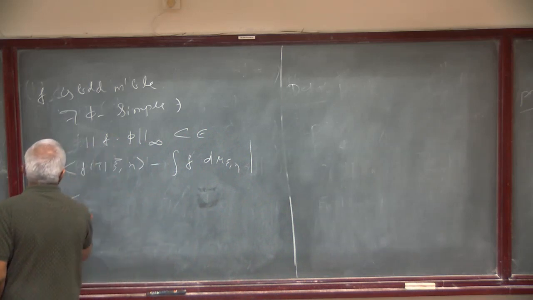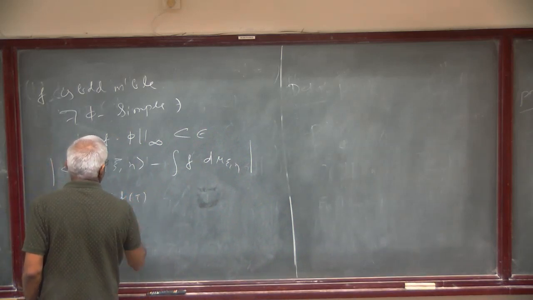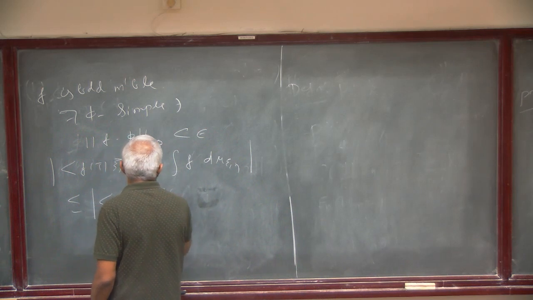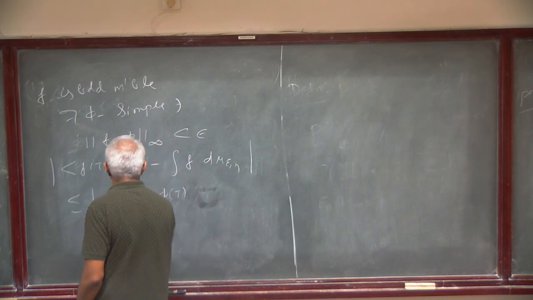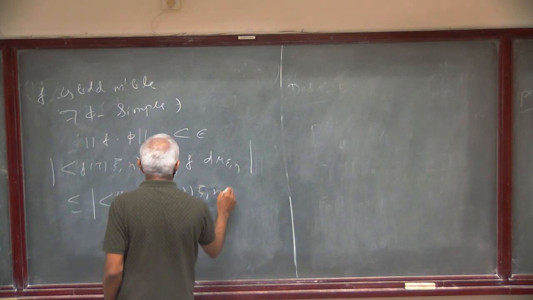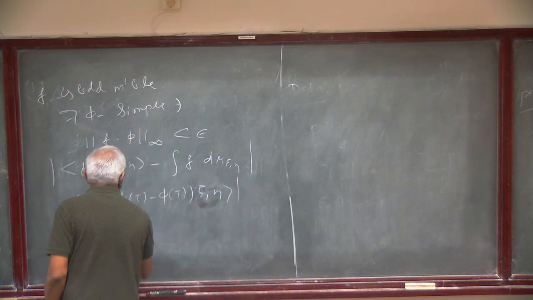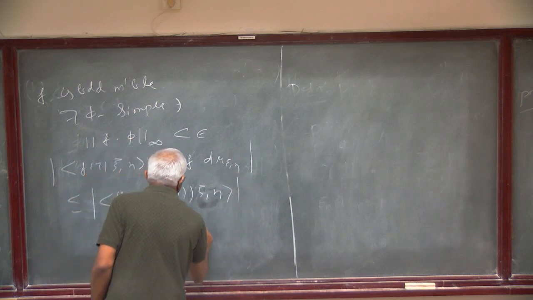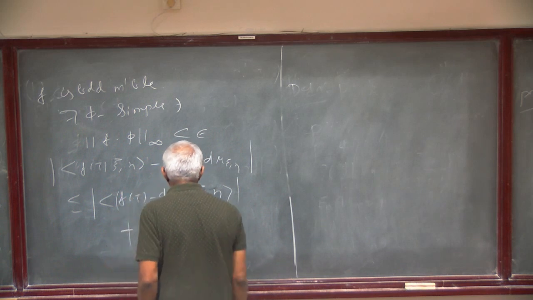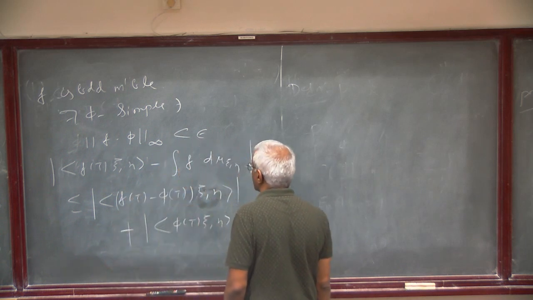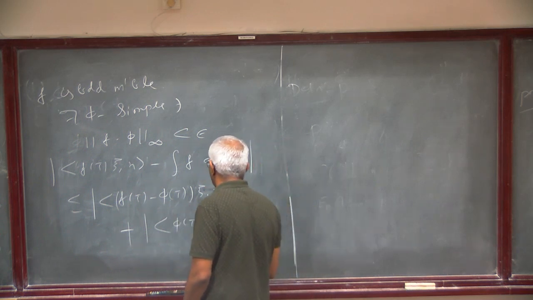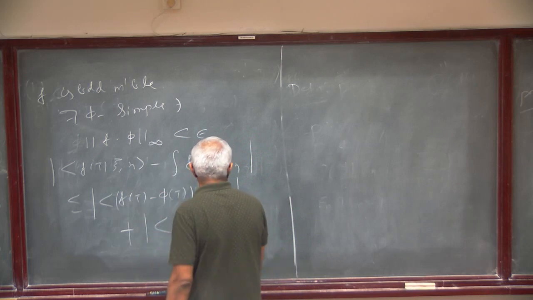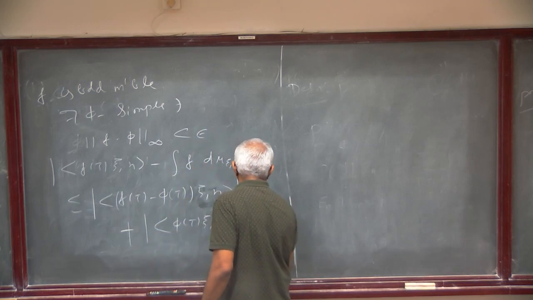This is less than or equal to, using the triangle inequality, the inner product of f of t minus phi of t xi, eta, plus phi of t xi eta minus the integral of phi d mu xi eta.